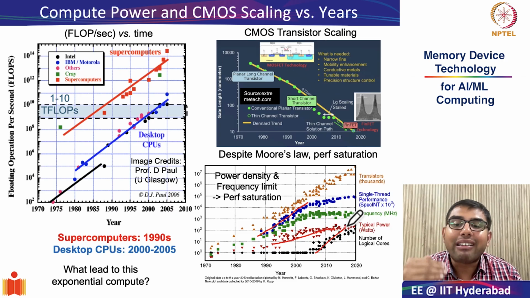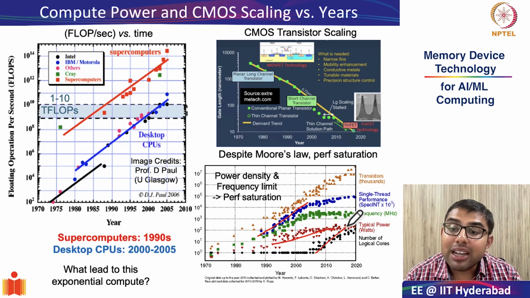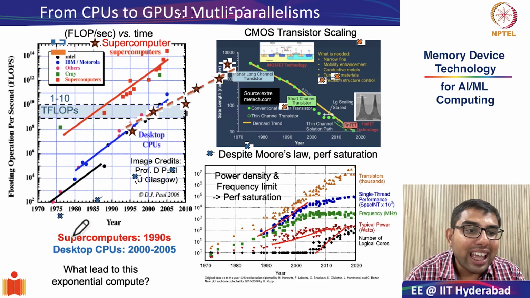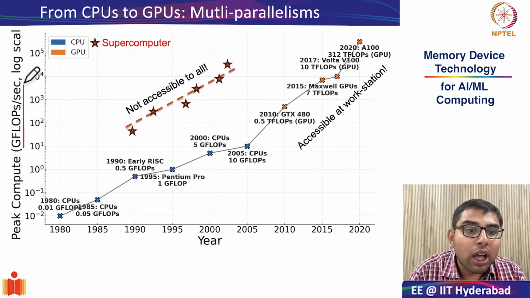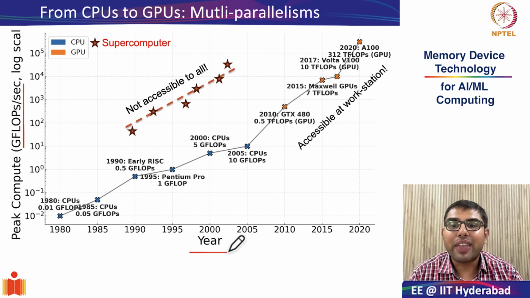And this is a critical shift that shaped the era of multi-core processors and hardware accelerators, which brings us to the extended version of the GFLOPS per second versus year comparison that we saw.